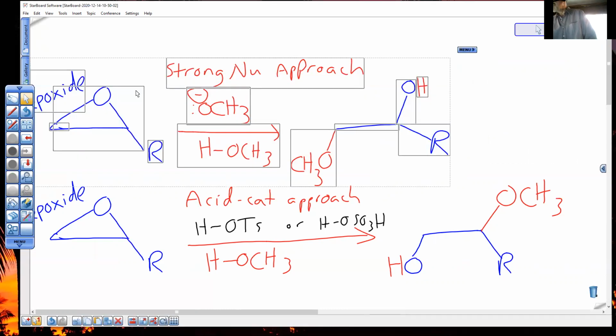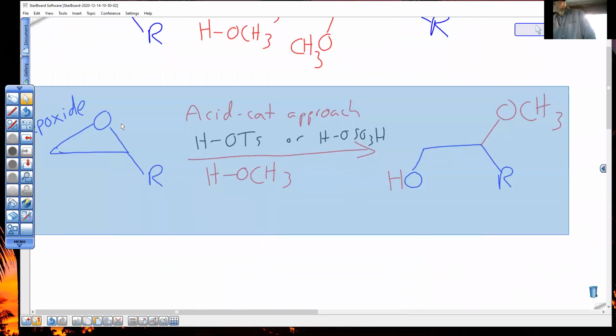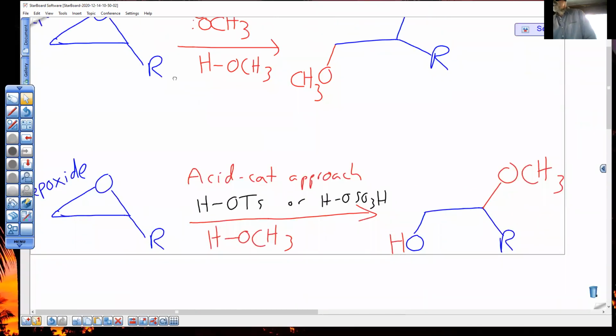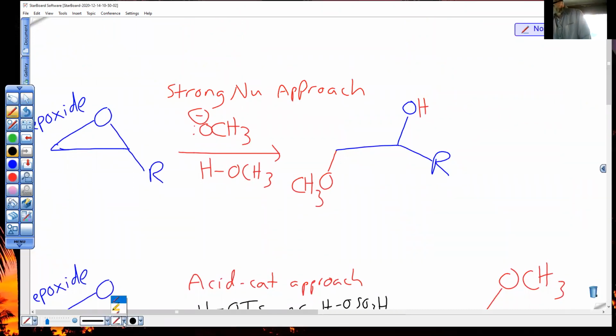And what we have here and down here, slightly different mechanisms. Okay, quite different.